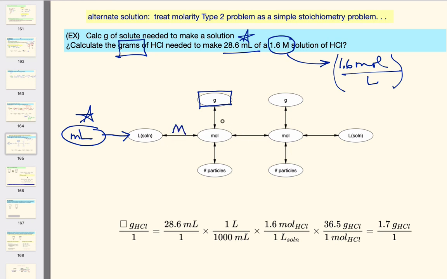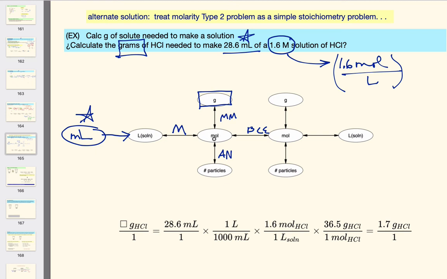Just as molar mass was the conversion factor that gets us from grams to moles or moles to grams. And just like Avogadro's number is what gets us from moles to particles or particles to moles. And just as the coefficients in the balanced chemical equation are what gets us from moles of one thing to moles of another. So as those three things go, so molarity goes in bridging liters of solution to moles.